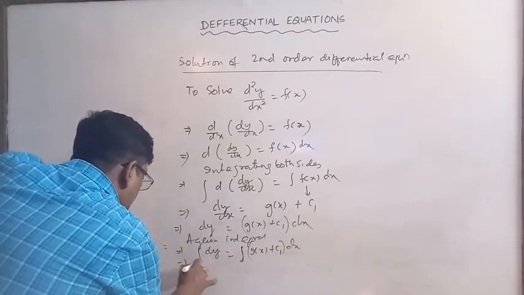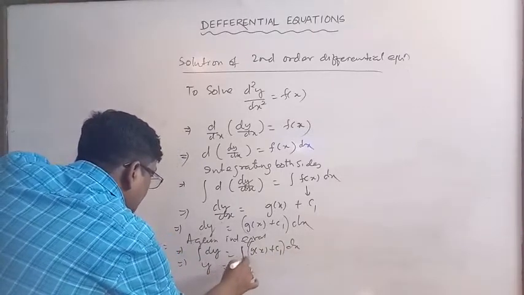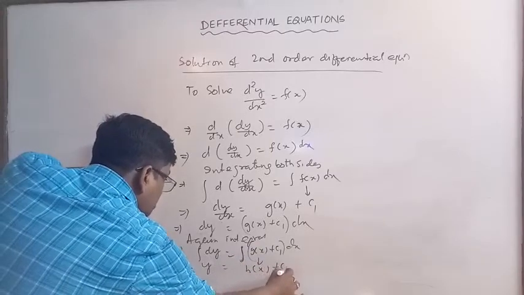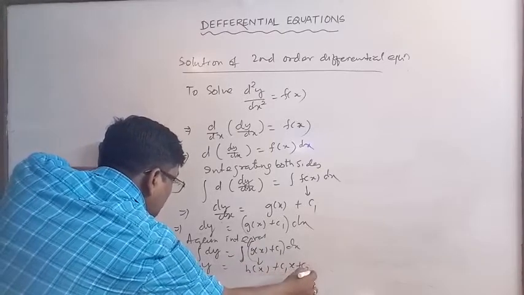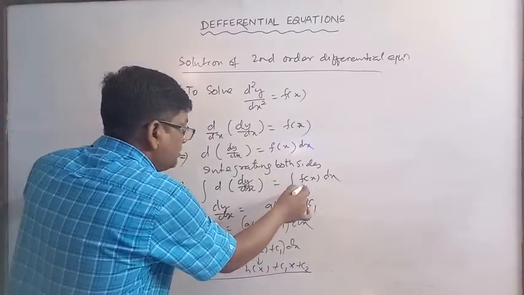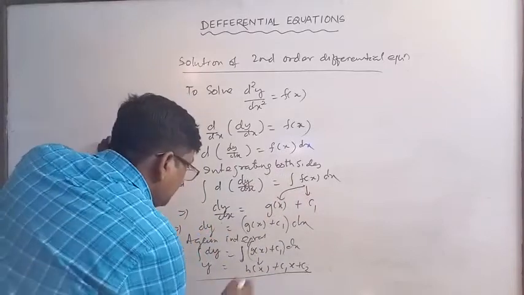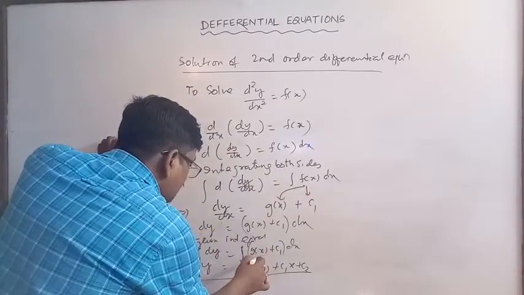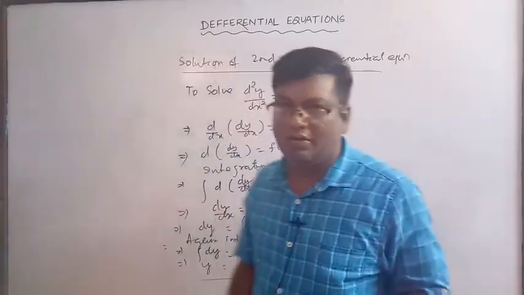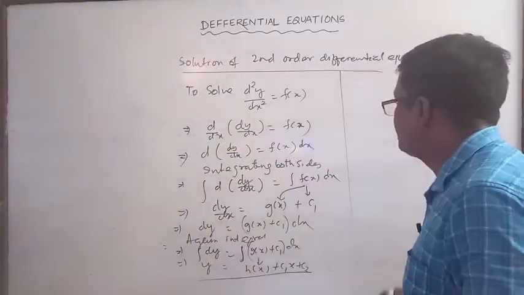So y is equal to, suppose this integration is h of x plus c1 x plus c2. Here integration of f of x is equal to g x, and integration of g of x is suppose h x.